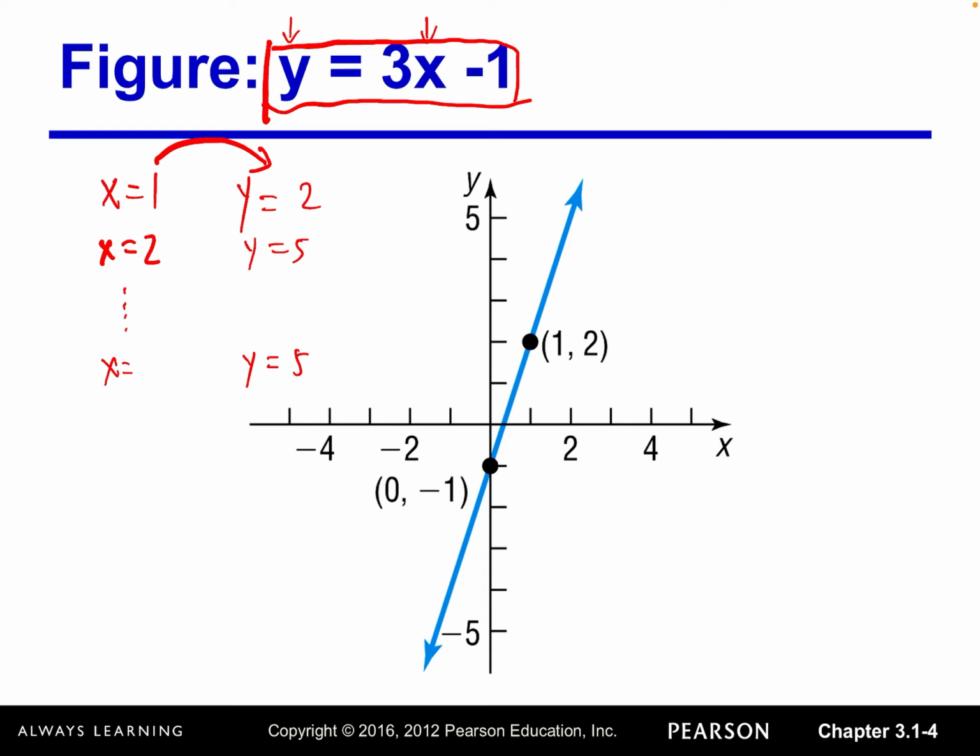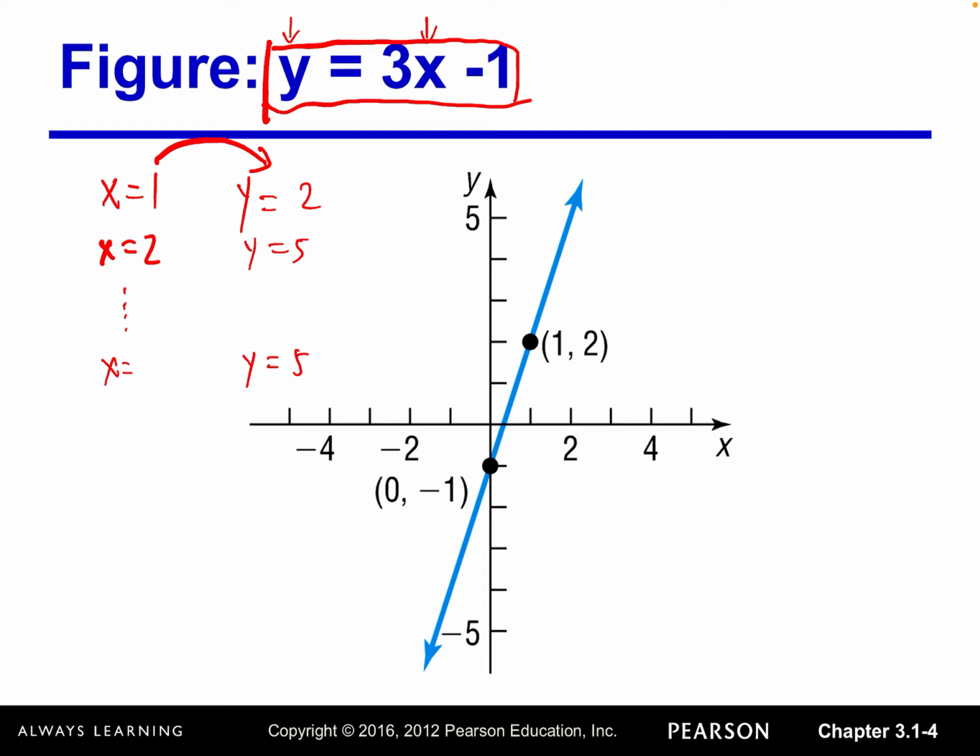How special? The relation where each element of x pairs with exactly one element of y. If in the relation of the two sets of data, each element of x pairs with exactly one element of y, then we say this relation is a function. That's why we say function is a special relation.